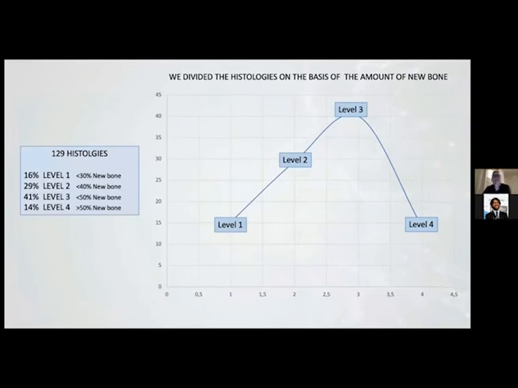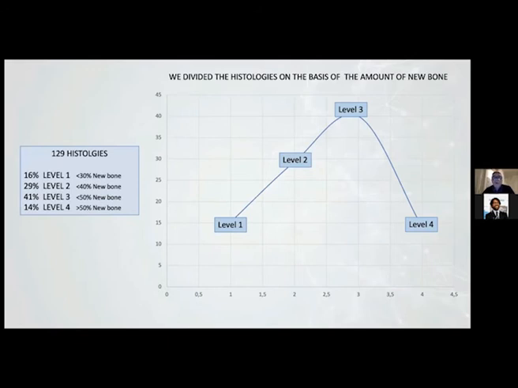So we made 129 histologies, and we divided these histologies into 4 different levels. Why did we divide them into 4 levels? Because every surgeon, every surgery is completely different.